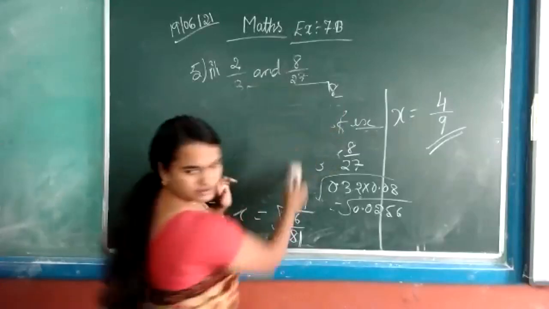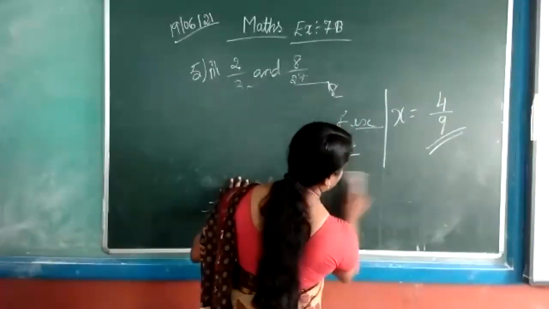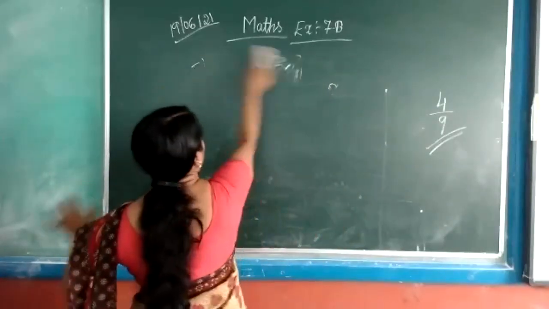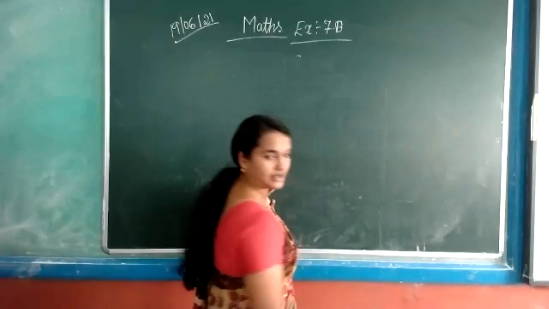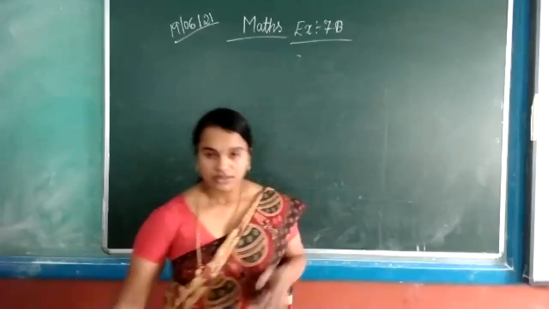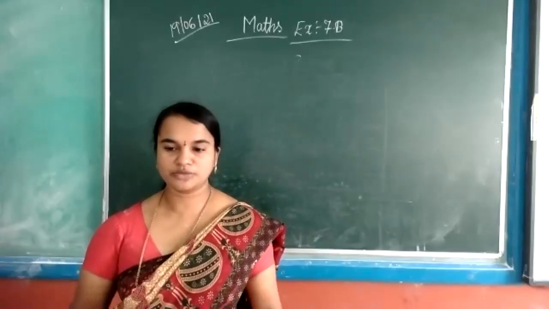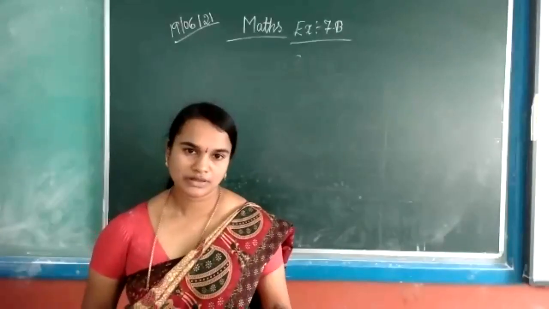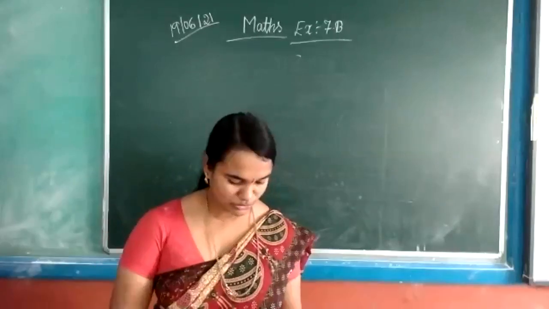Thank you. Now what is the time? So today's assignment is enough. When you are submitting your copy, please complete all the work which we have done today, up to question number 5. And the 6th, the third proportion, is also the same way.